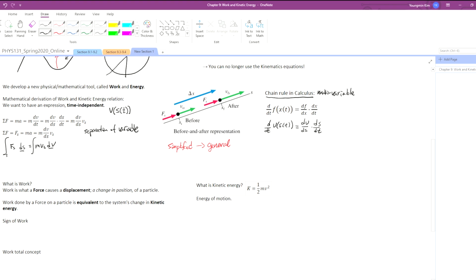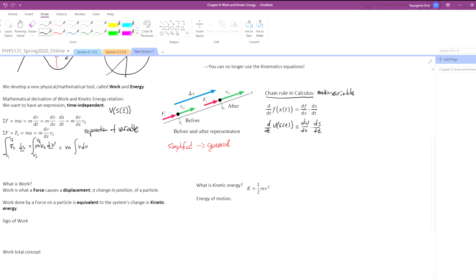Here is s, so you have an initial position and final position, and here you have initial velocity and final velocity. Let's work on the right-hand side first. The right-hand side is mv dv, and you have the integral. So m is a constant, and you're integrating v dv from initial to final.